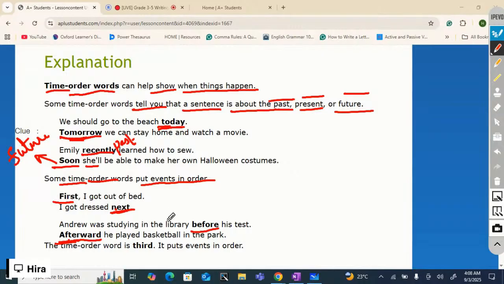Andrew was studying in the library before his test. Afterward, he played basketball in the park. So afterward is something which happened later in the sequence of events.